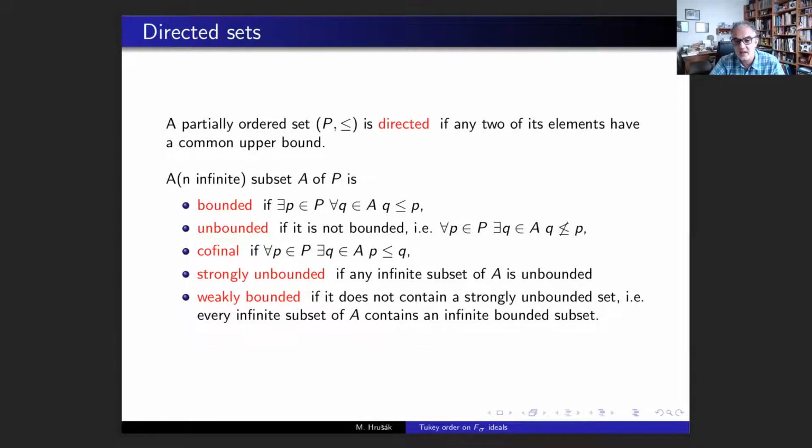That means that any infinite subset is unbounded, and weakly bounded means that every infinite set has an infinite subset which is bounded, meaning it does not contain any strongly unbounded set. So these are two orthogonal families in the power set of P.